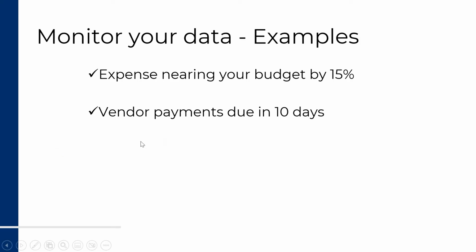BAASS Alerts can send an alert to your AP lead saying, hey, in the next 10 days, you have to make sure that you pay these vendors, and these are the invoice numbers, and these are the amounts. So the AP lead would say, oh yeah, I'm aware of this, but wait a minute, which one is invoice number 8? I don't recognize it. And he'll have that internal dialogue to say, what is this invoice about, and so forth. Again, they are handling the situation before it has occurred.